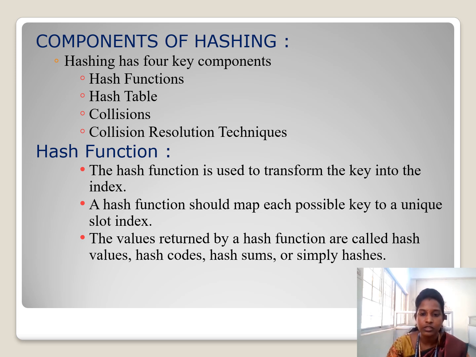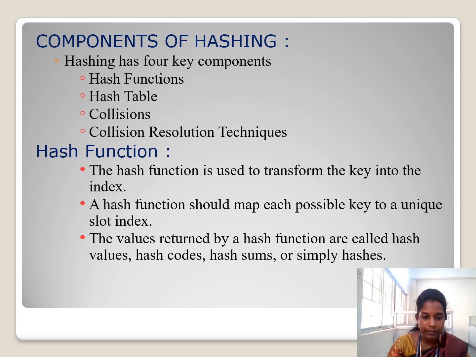That location is known as the index. So the hash function is used to transform the key into the index. The value is associated with the key, and at that index we insert the key. The value returned by a hash function is called a hash value.